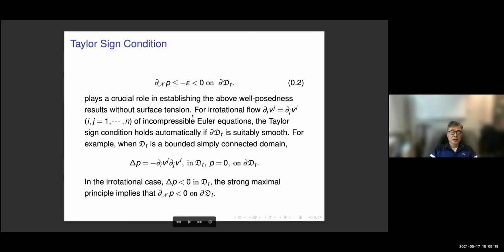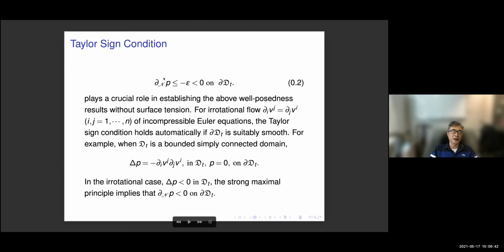And so for the water wave problem, for the incompressible Euler equation, in the case without surface tension, there is the important stability condition called the Taylor sign condition. That means on the boundary, the normal derivative of the pressure is strictly negative.